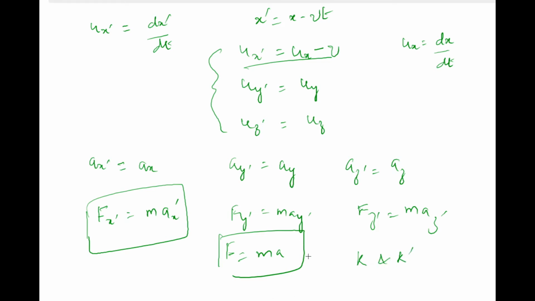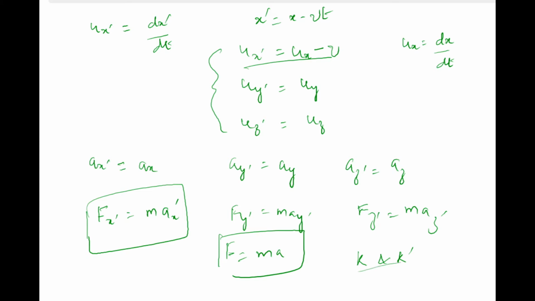Any other inertial frame of reference is equivalent to K prime. Therefore, Newton's second law holds true in all inertial frames of reference, and it has the same form, which was originally asked in the question. So hence proved.